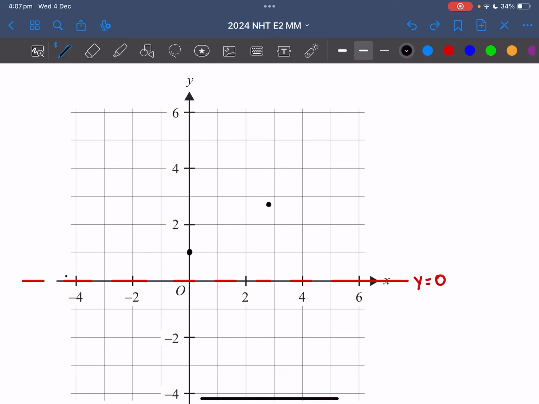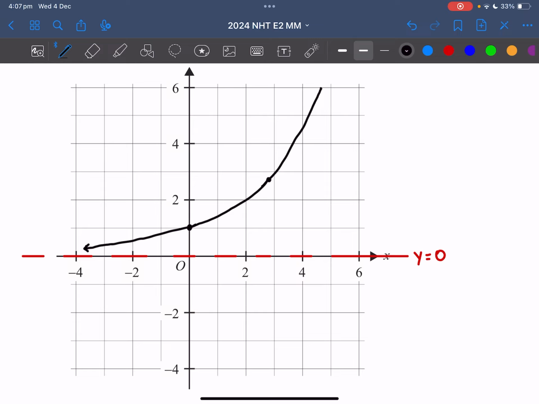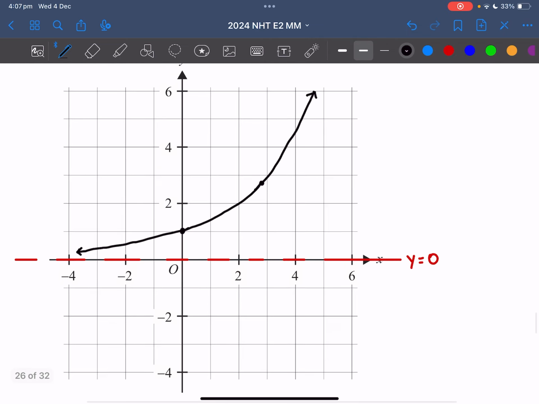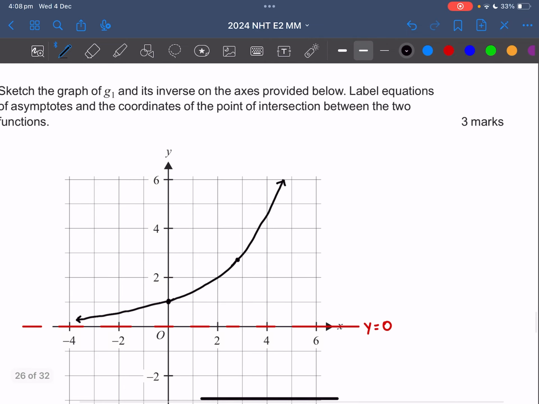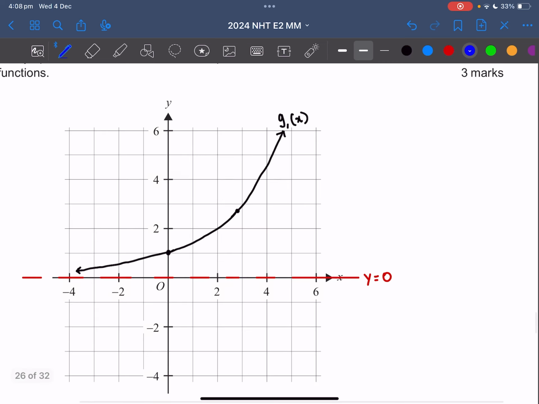Let's try again. Okay, I guess this will do. And this is our g1 of x. Now for the inverse, I'm going to draw that in blue.